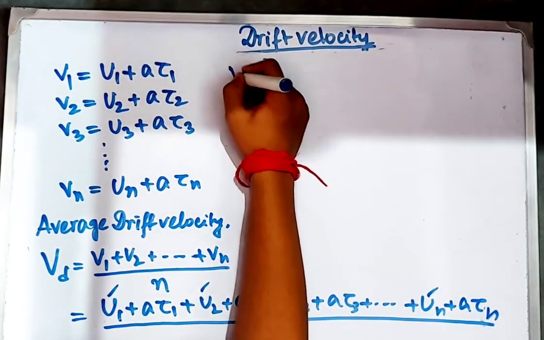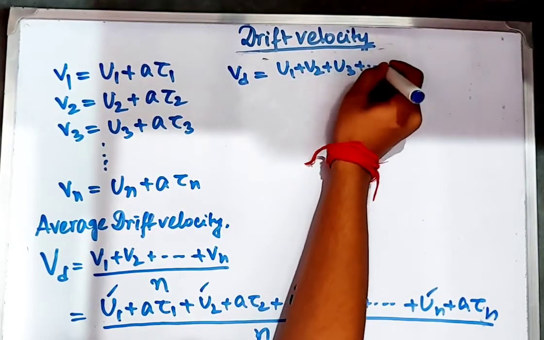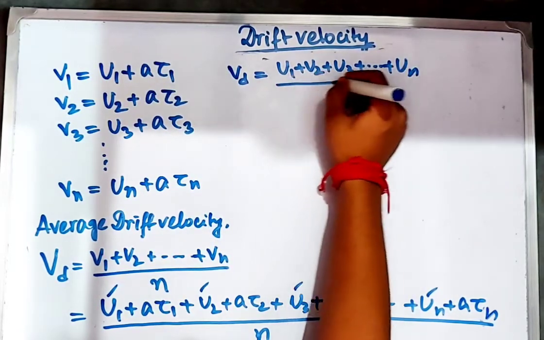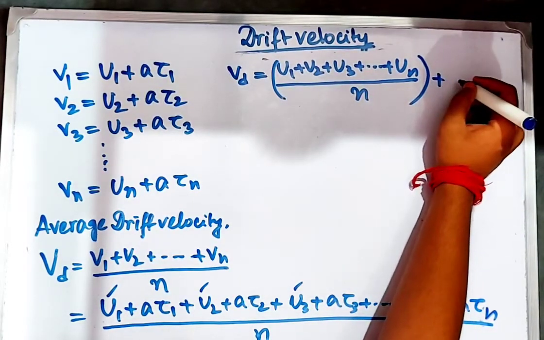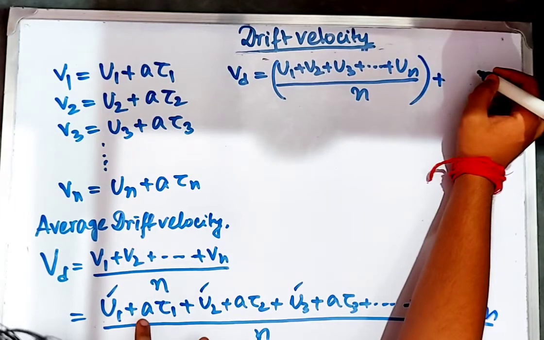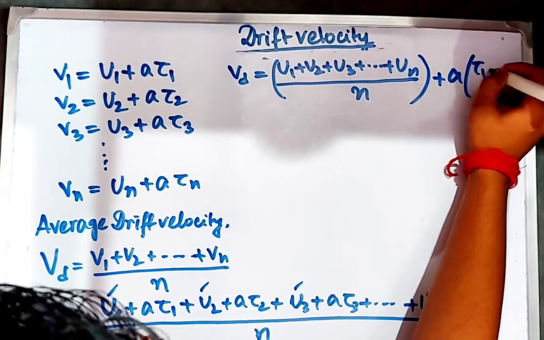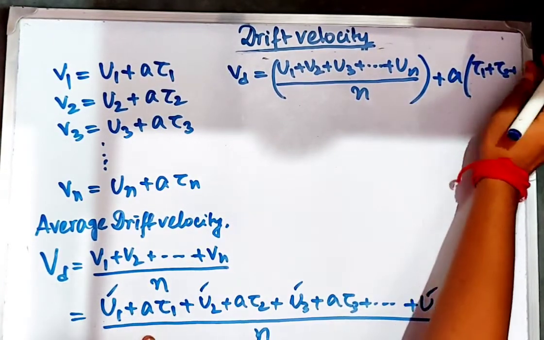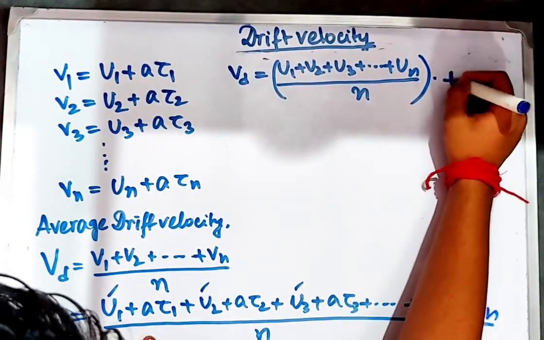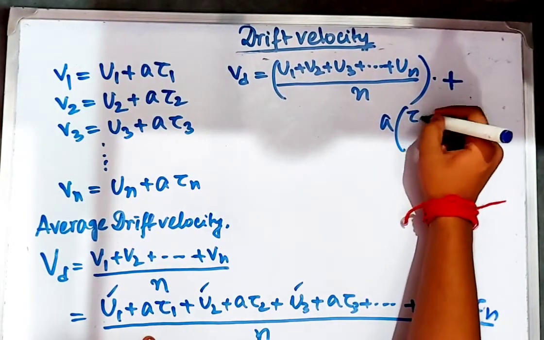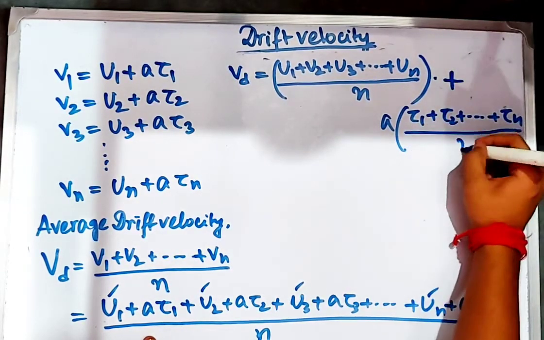So we will write it in this way: u1 plus u2 plus u3 up to un divided by n, plus, if we take common a from all the terms, then a into tau 1 plus tau 2 up to tau n divided by n.